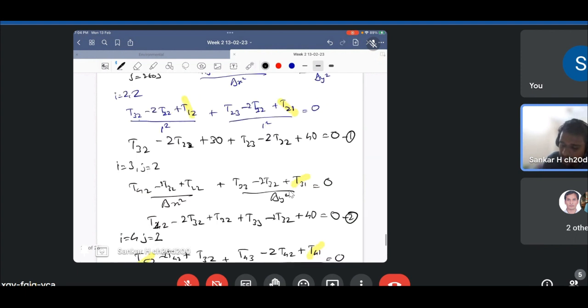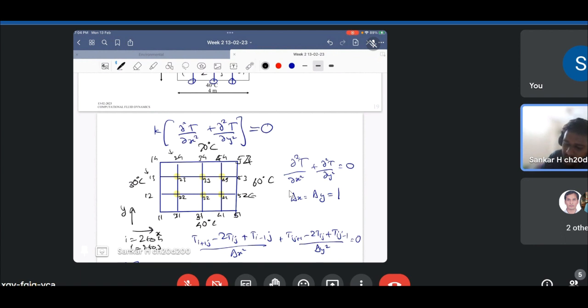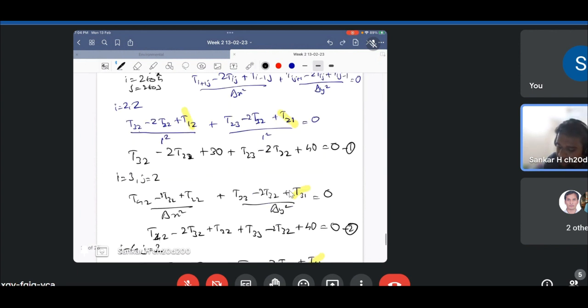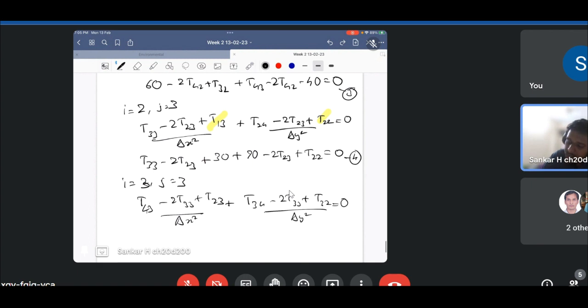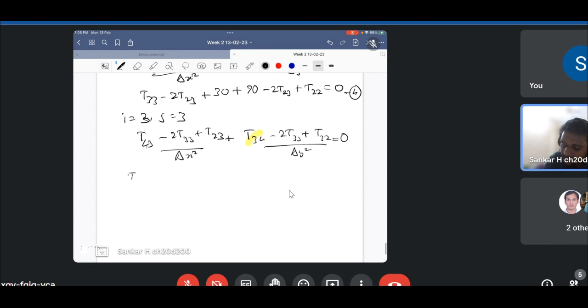From here, what all do we know? Considering this point over here, we see that we only know T34. So T34 is known. We'll write T43 minus 2T33 plus T23 plus 70 minus 2T33 plus T32 should be equal to 0. This is equation number 5.